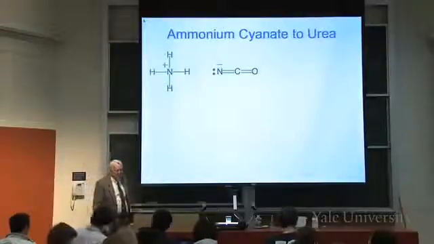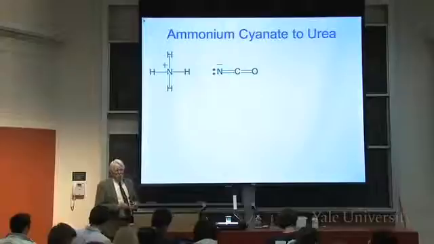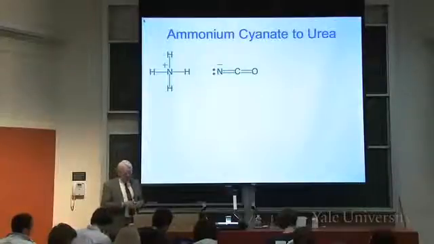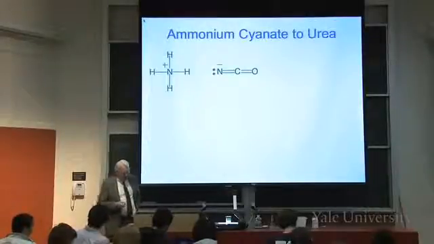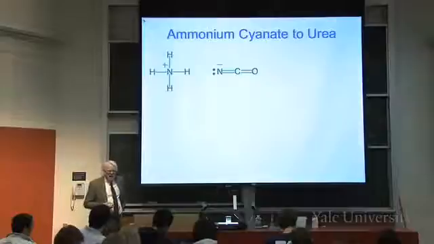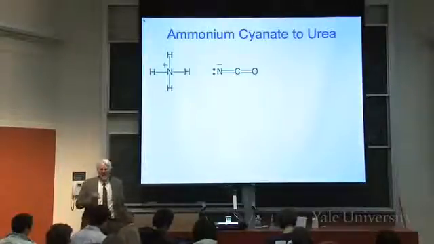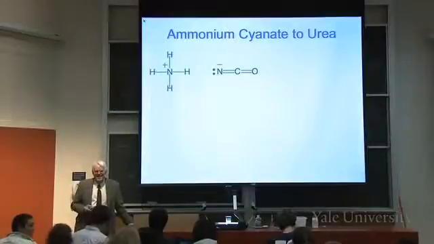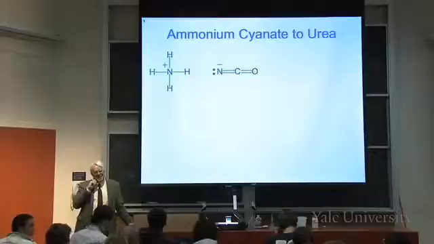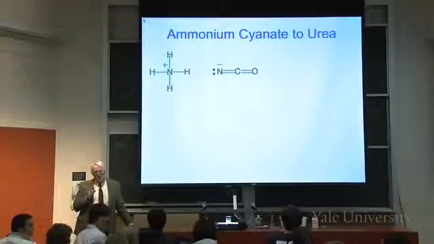Okay, so now ammonium cyanate to urea, let's review that from the point of view of what we've been talking about. So you have ammonium. What makes it reactive? Dana? High HOMO or low LUMO? It's got a positive charge.